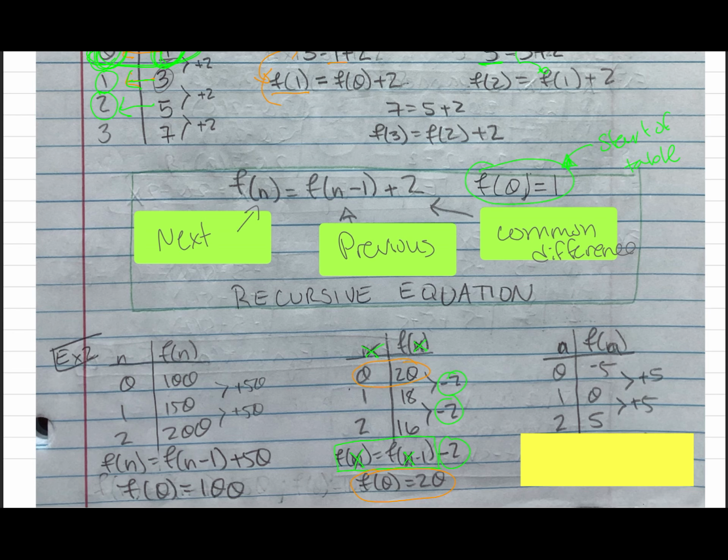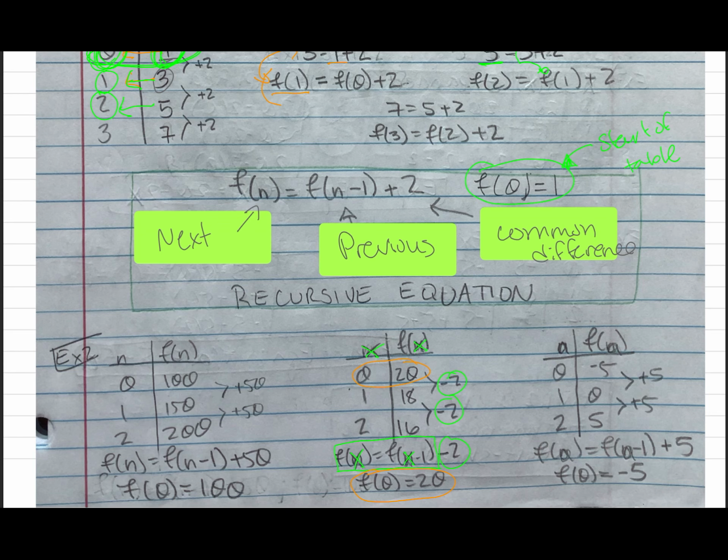So I write f of n equals f of n minus 1, that doesn't go away, plus 5. And then we start with 0 and negative 5, so we write f of 0 equals negative 5.